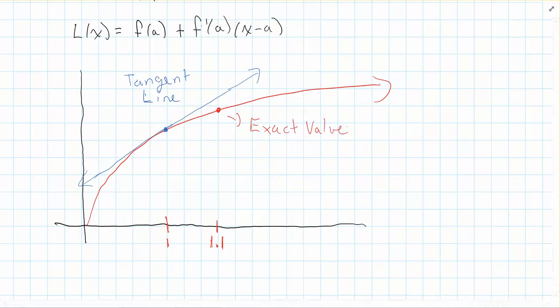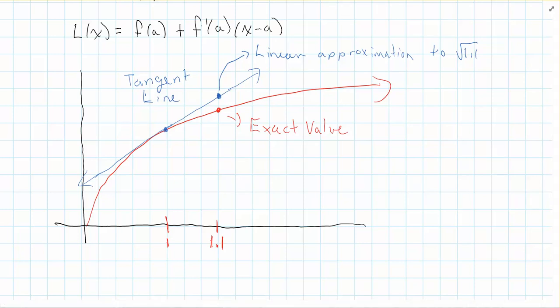But when we're doing a linear approximation, essentially we're using this tangent line. So this is our linear approximation to the square root of 1.1.